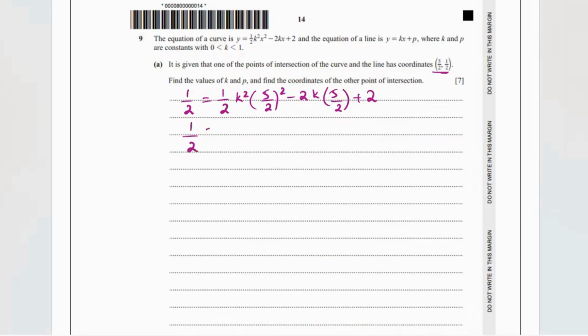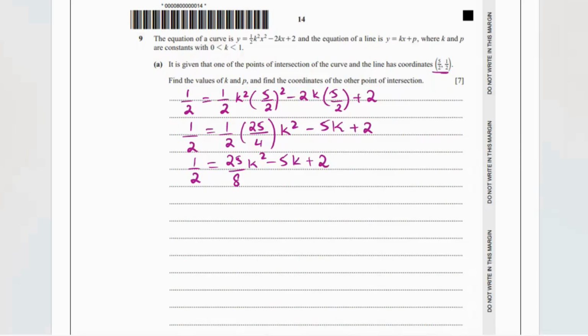So 1/2 equals 1/2 times 25/4 times k squared minus 5k plus 2. So that's going to be 25/8 k squared minus 5k plus 2.